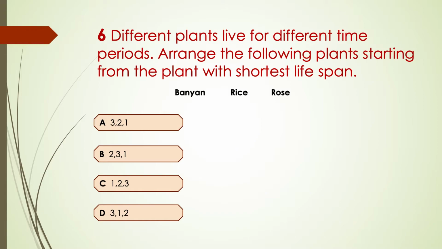Option D, 3, 1, 2. The answer is option B, 2, 3, 1. A banyan plant can live for hundreds of years. A rose plant can live for a few years, while a rice plant has a life of only a few months.